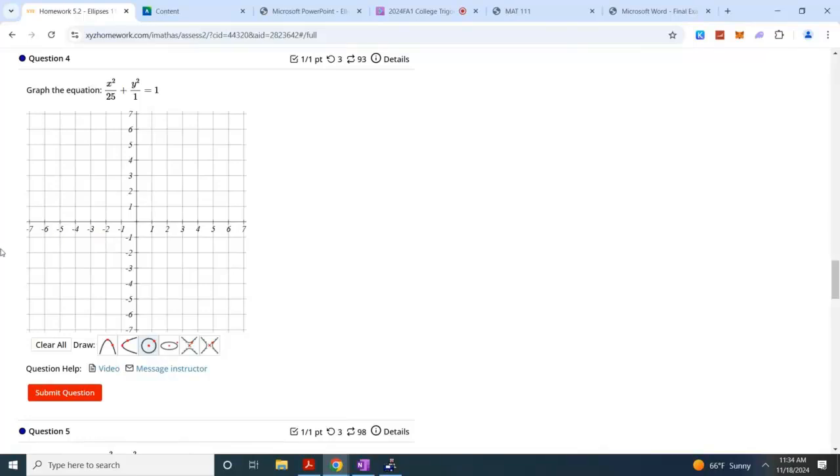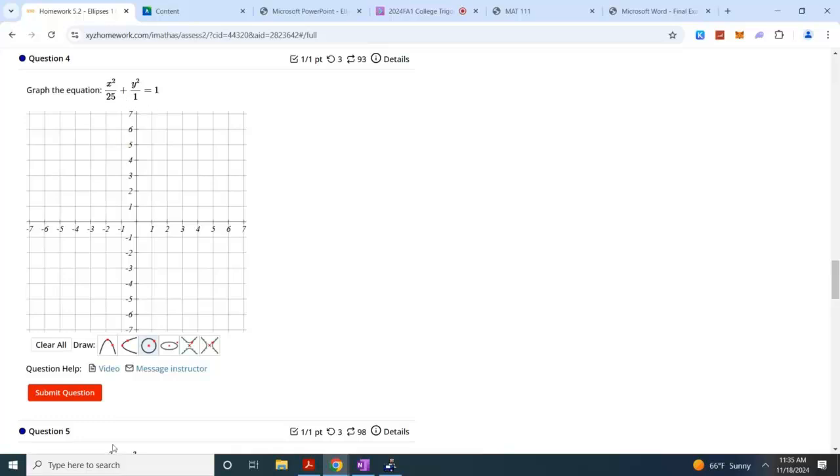So it should have a horizontal x-axis. Now that's going to be important to know because once we start the graph, there's a certain pattern you must follow. Okay? So if this is a squared, then a is going to equal to what? 5, right? If this is b squared, then b is going to equal to 1, right?